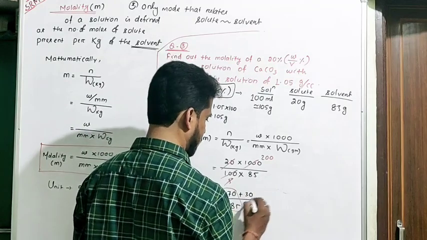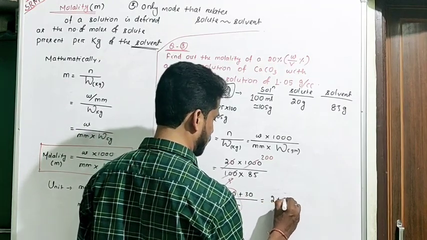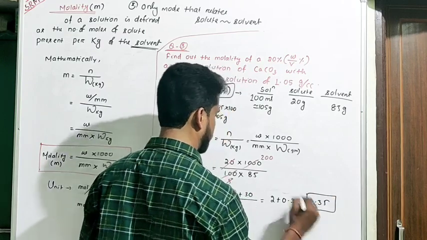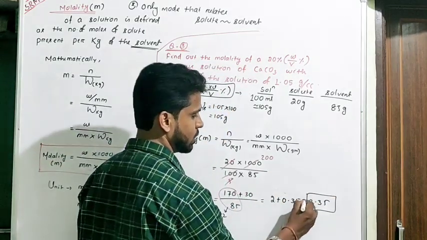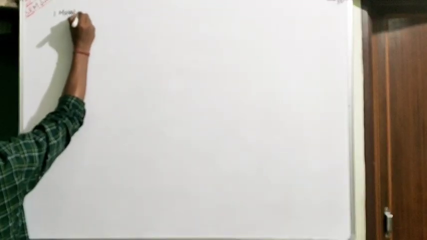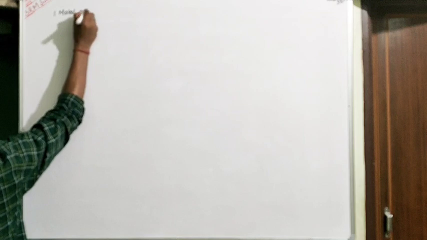So this is 2 plus 0.35, that is 2.35. Closely, not exactly, closely.